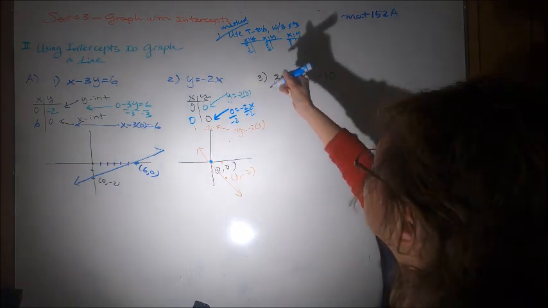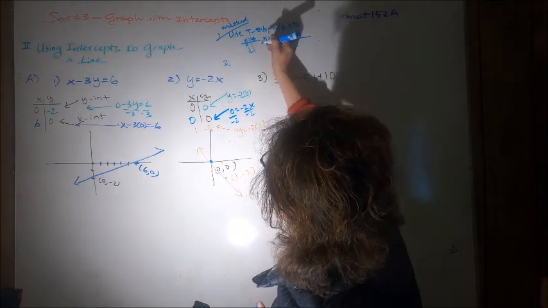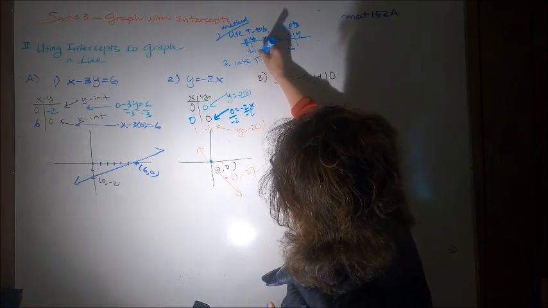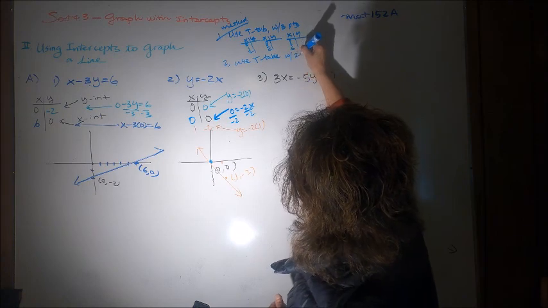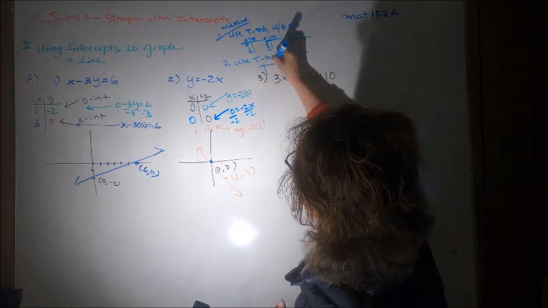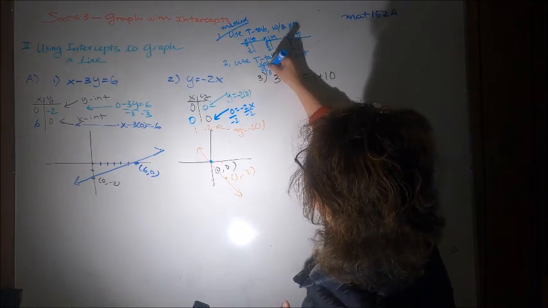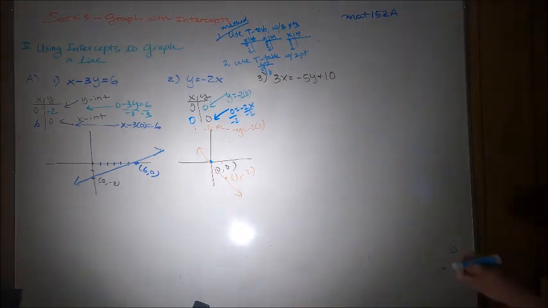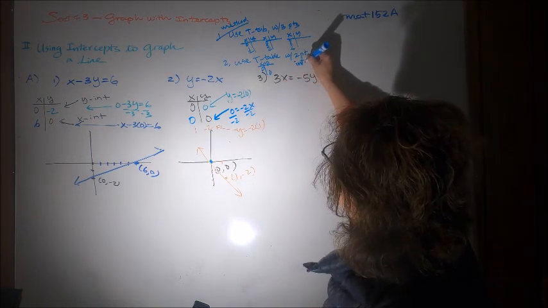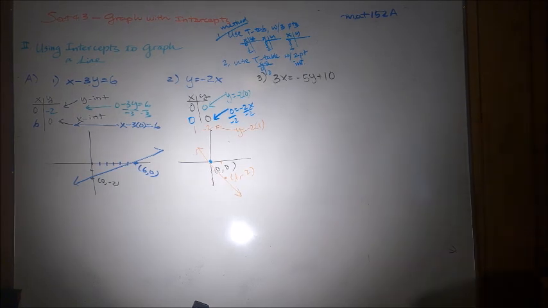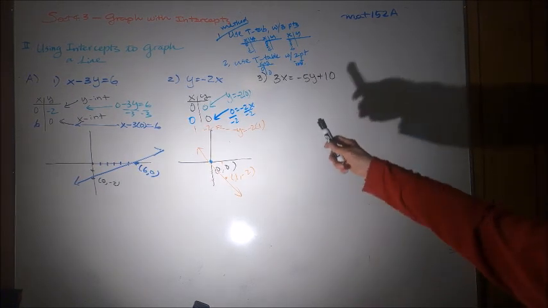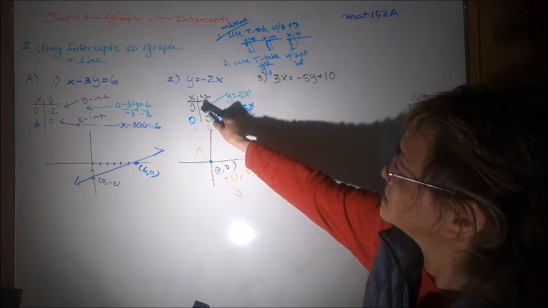Then the second method we are using is what? Use the t-table with how many points? 2 points. Special 2 points, right? 0, 0 for the intercepts. So, however, as you can see, when we use this, what happened?